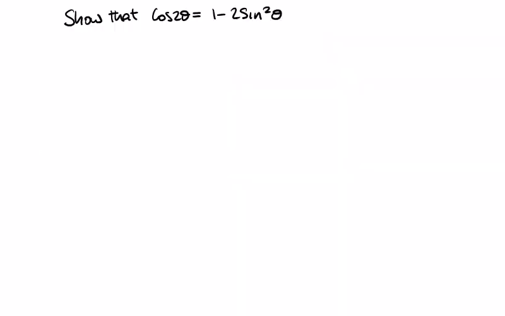We can do this question nearly in reverse as well. If we look at the right hand side, we know again that cos squared theta plus sine squared theta is equal to 1. So we have a sine squared here.